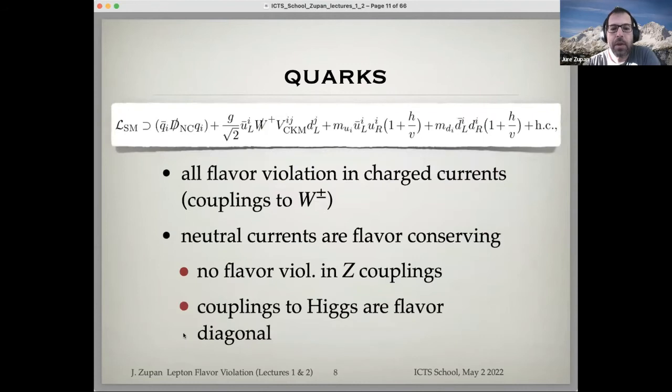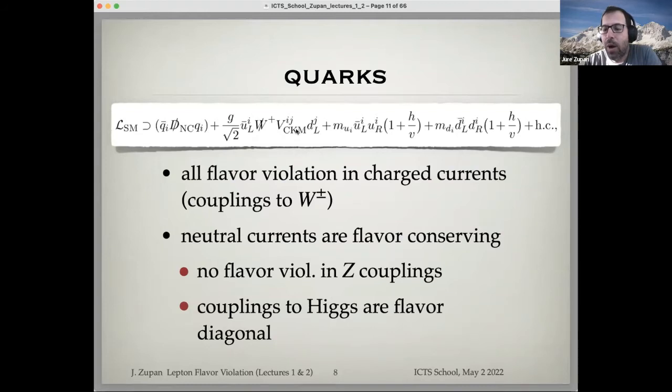All right, so to recap: all flavor violation in the mass basis was moved into the CKM, which sits in the charged currents. So even though the origin was these 3x3 complex matrices, we were able to move this into the currents.